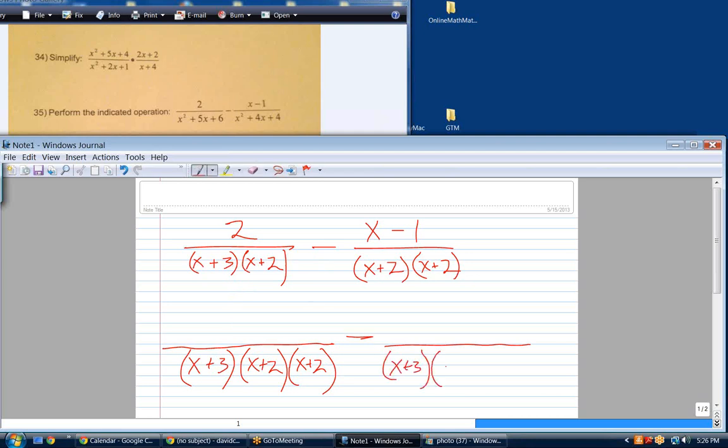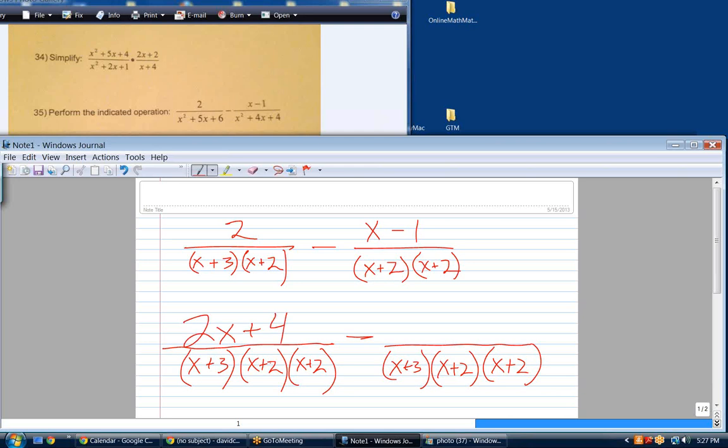And what's the rest of it? What's the top left? It's going to be 2x plus 4.